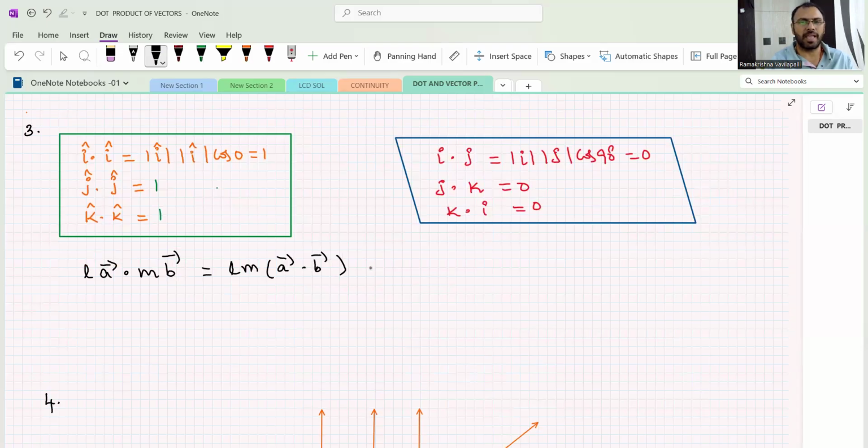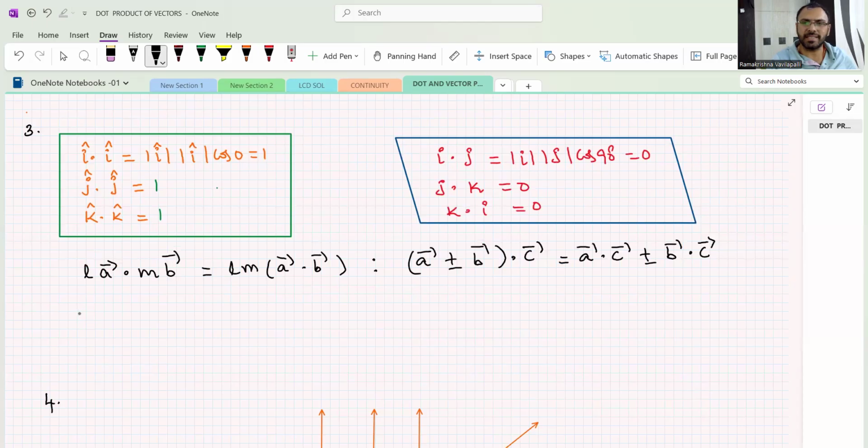And also A bar plus or minus B bar dot C bar, we define, of course they satisfy, as A bar dot C bar plus or minus B bar dot C bar.